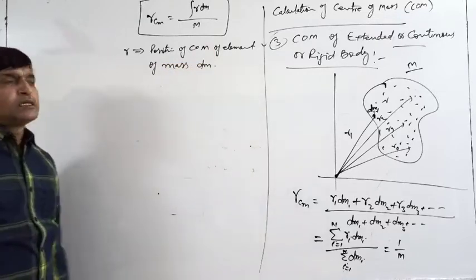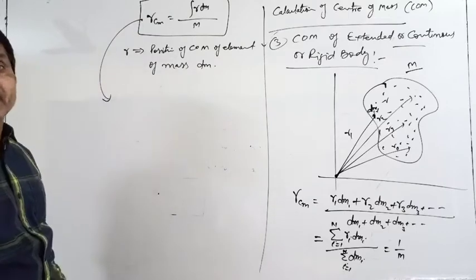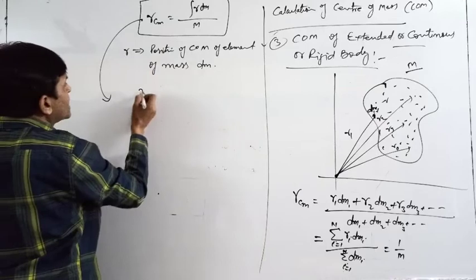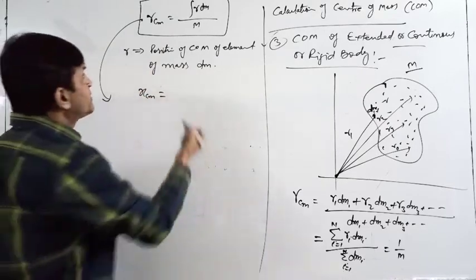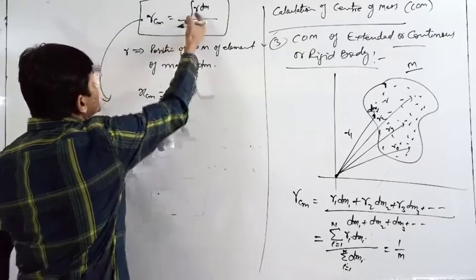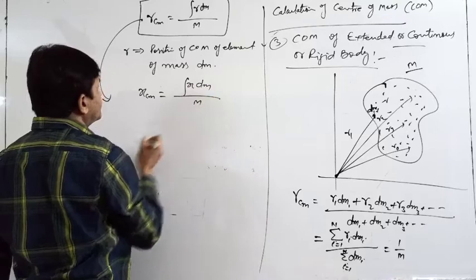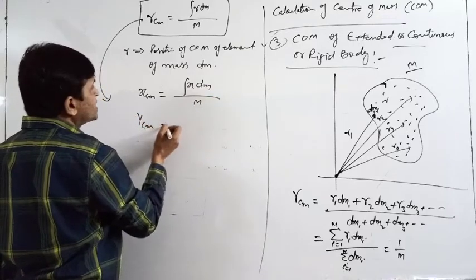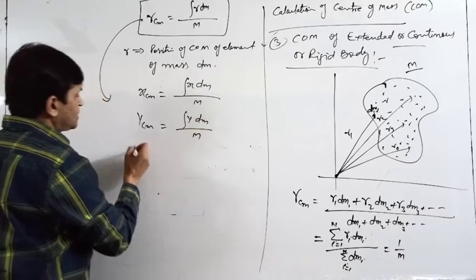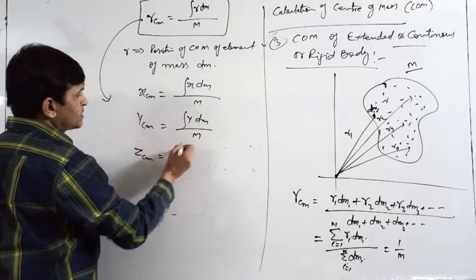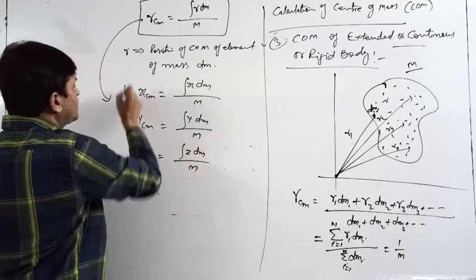Now if you want to replace this in terms of x, y, z, if you want to calculate the x coordinate, in place of R it will become x cm equals integral of x dm by M. Similarly, y cm is integral of y dm by total mass, z cm is integral of z dm by total mass.